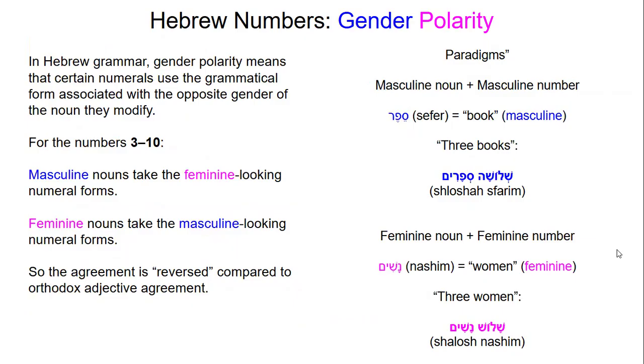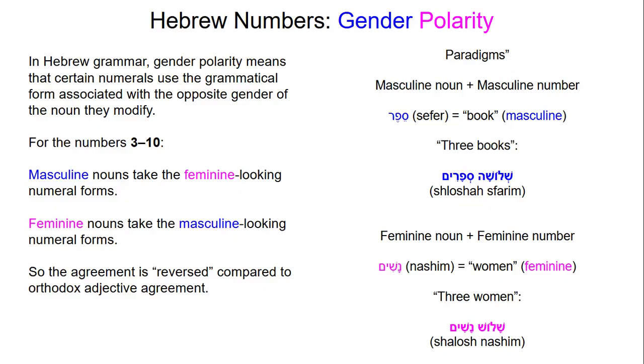Hebrew numbers, gender polarity. In Hebrew grammar, gender polarity means that certain numerals use the grammatical form associated with the opposite gender of the noun that they modify.